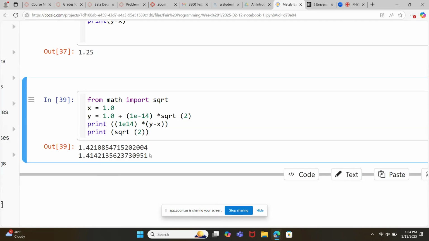Right? Because this part here is x. This is the y. And you can do these with your hand. What happens when you multiply this times these? What's y minus x, by the way?